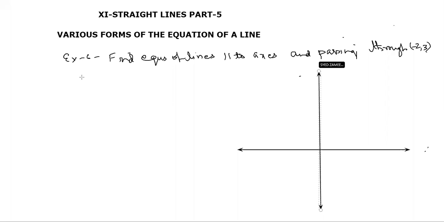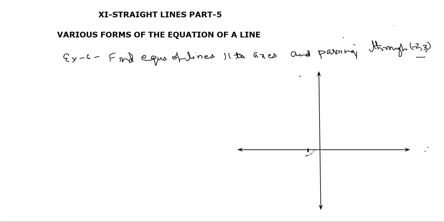So we are taking example number 6 from NCERT. Find the equations of lines which are parallel to both axes, meaning the x-axis and y-axis, and passing through the point (-2, 3). First of all, check where this point will be.